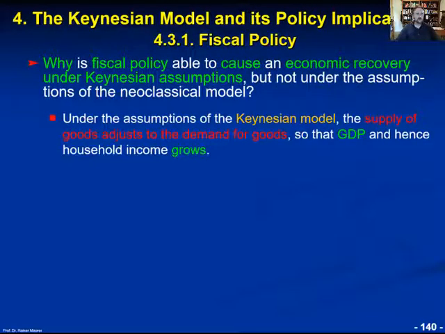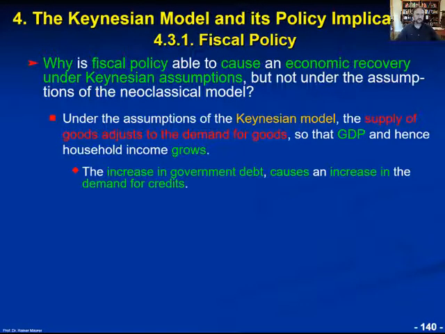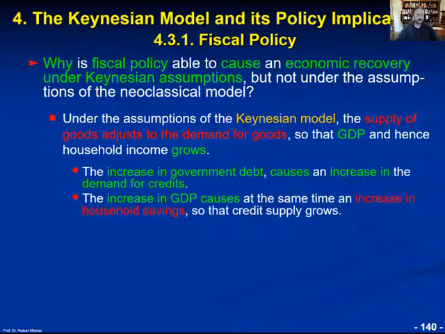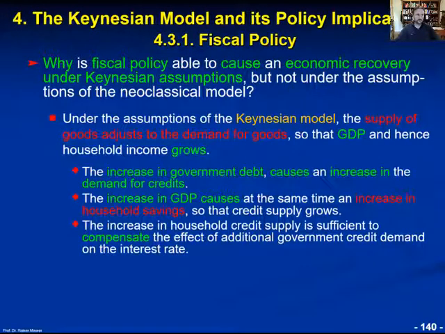Under the assumptions of the Keynesian model, however, the supply of goods adjusts to the demand for goods, so that GDP and hence household income grows. The increase in government debt causes an increase in the demand for credits. The increase in GDP causes at the same time an increase in household savings, so that the credit supply grows.